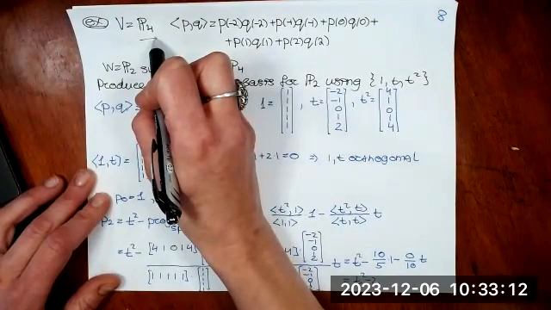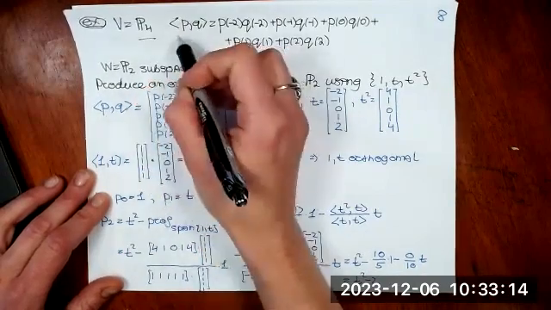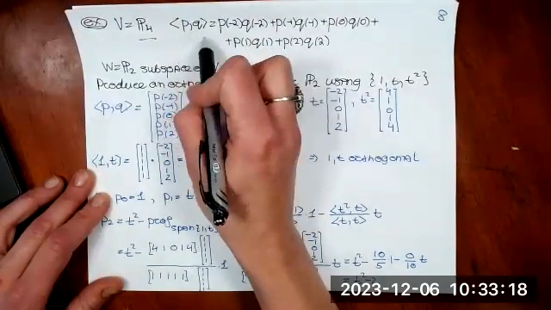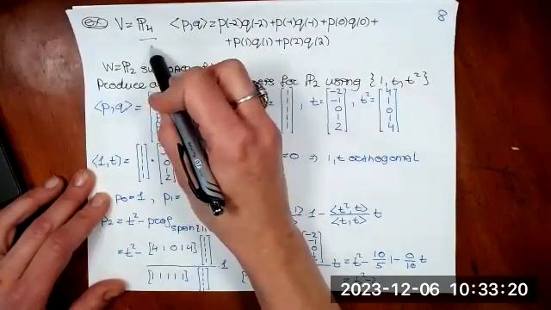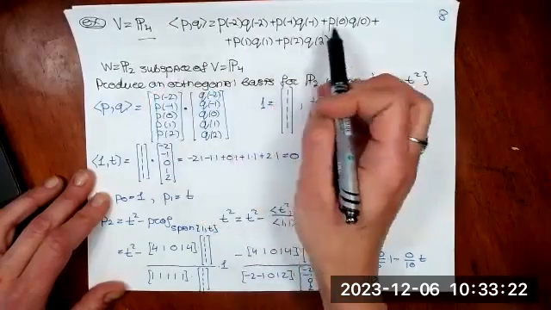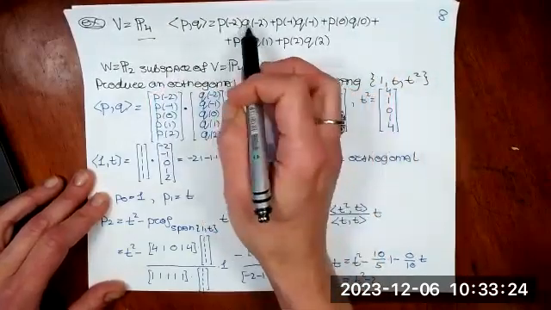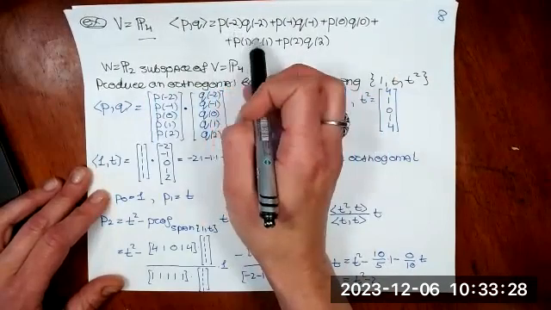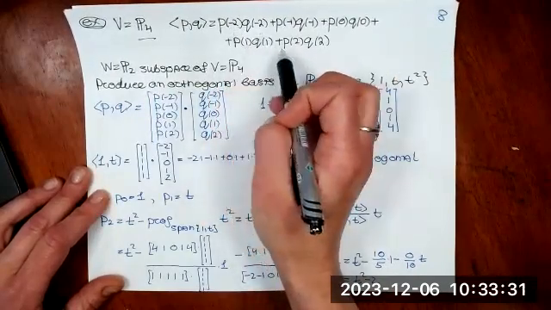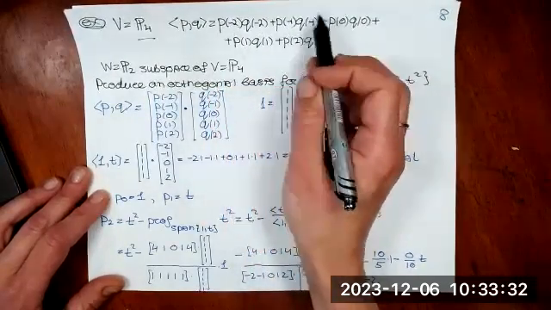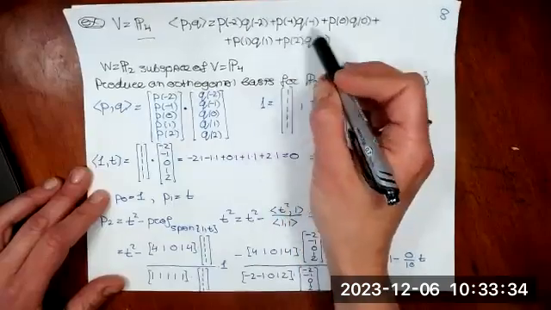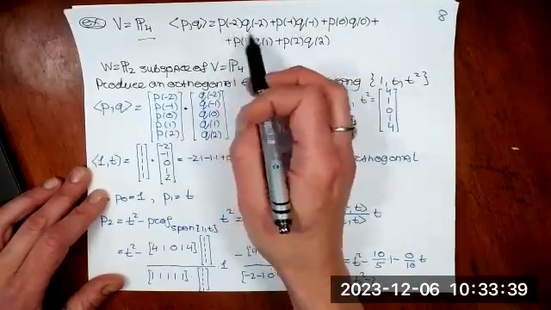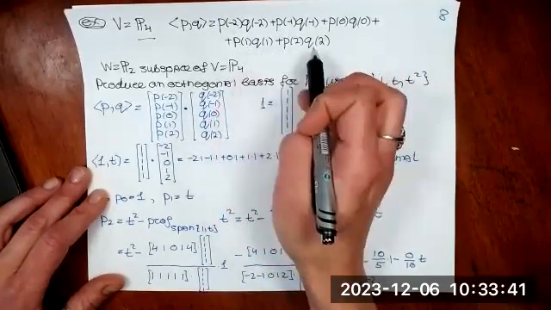I'm going to define the inner product of two polynomials P and Q in P4 as a long string of addition: P evaluated at -2 times Q at -2, plus P evaluated at -1 times Q evaluated at -1, and so on. So I'm evaluating them at -2, -1, 0, 1, and 2.